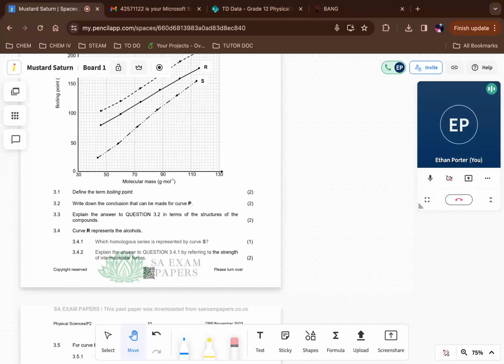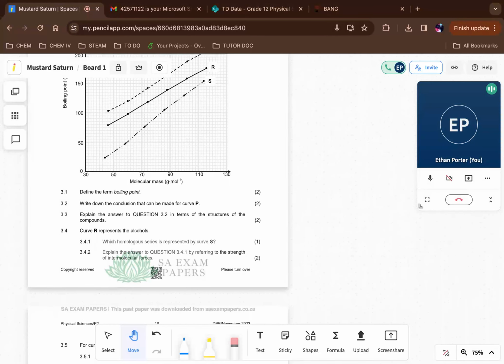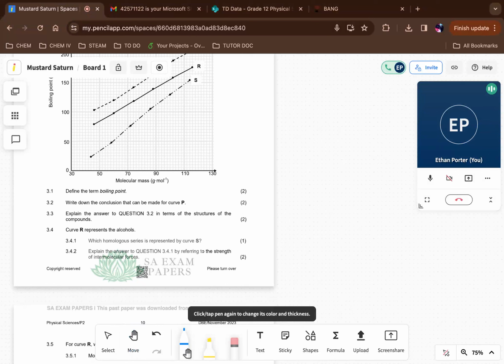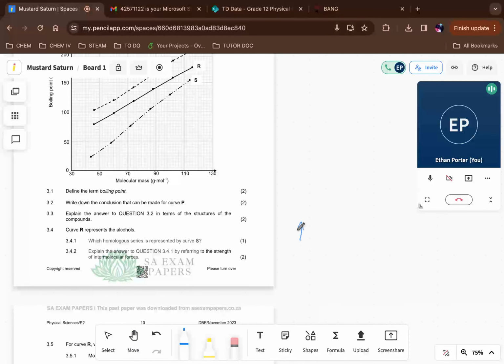So what that leads you to conclude is that a higher molecular weight, or increased molecular mass, I'm going to write it as MR for shorthand, means a longer molecule.